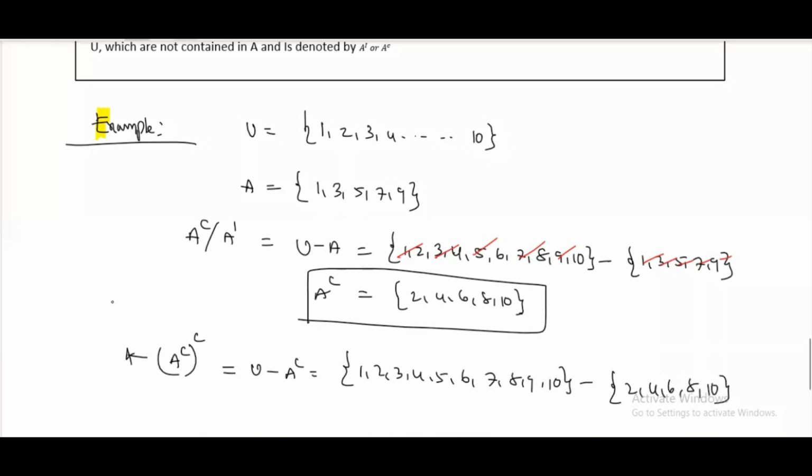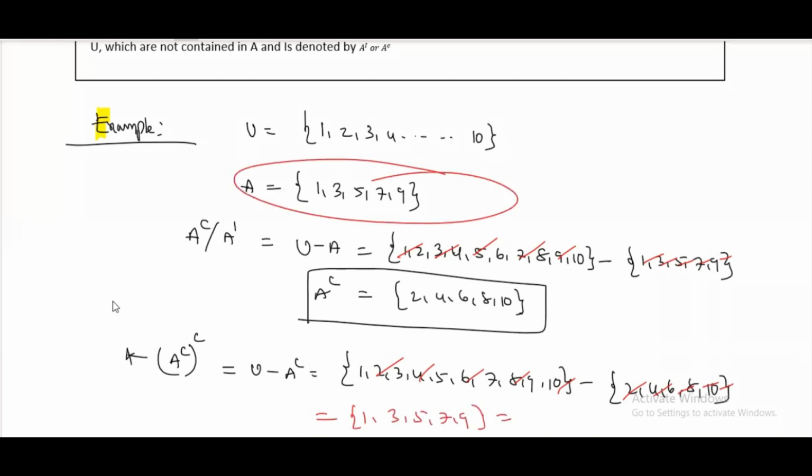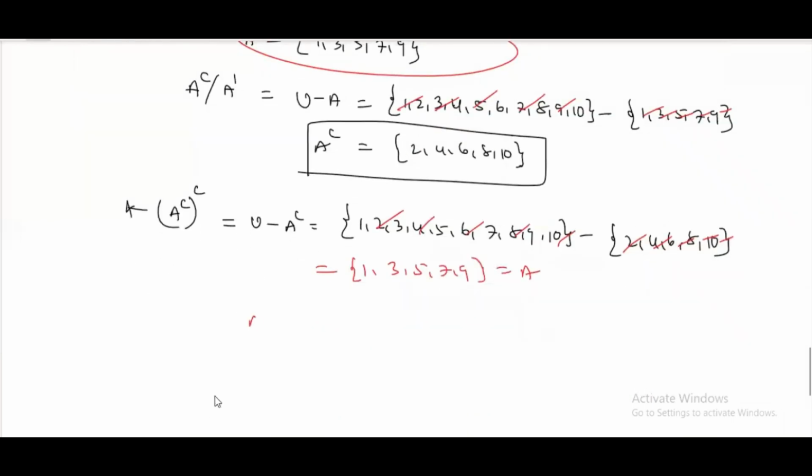If you remove these common elements, the left out in the first set is {1, 3, 5, 7, 9}, which is nothing but our set A that we took. So by this we can say A complement whole complement is equal to A. Like this we have a few properties.